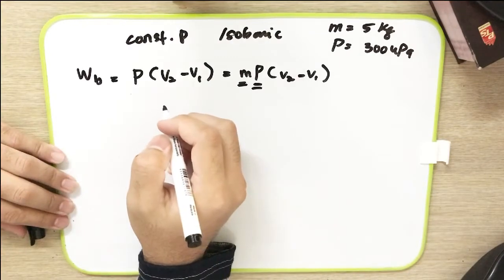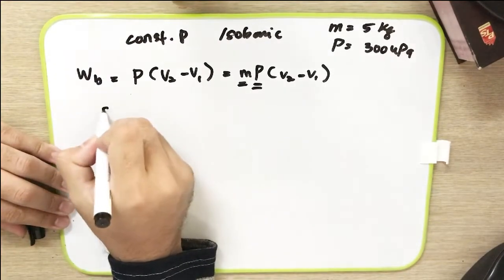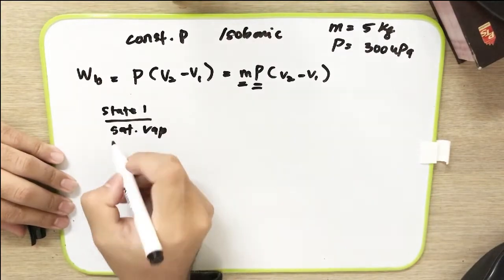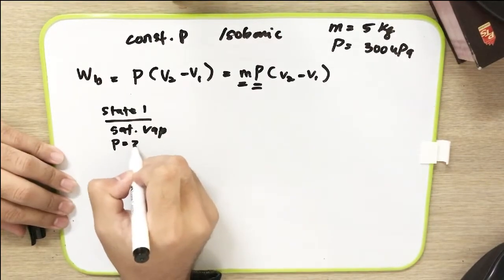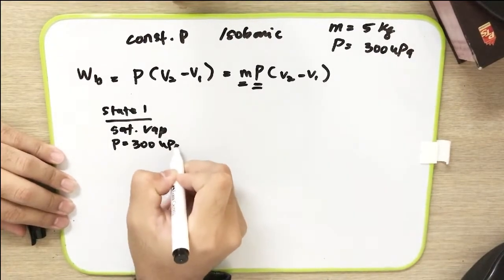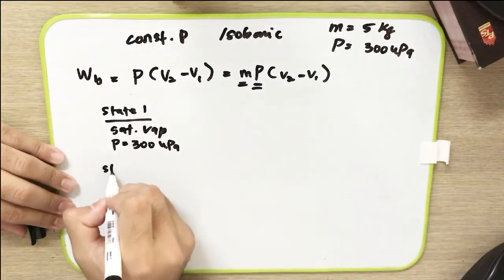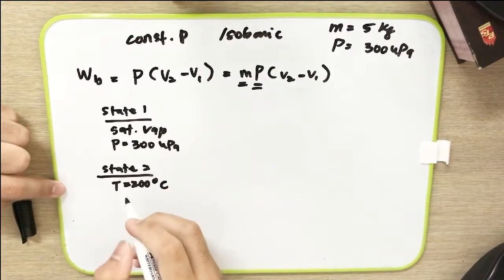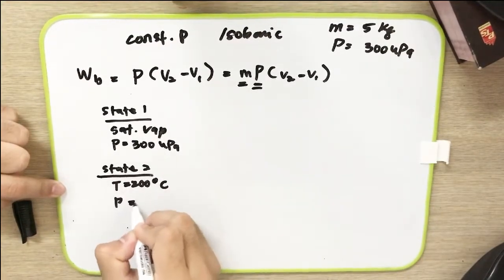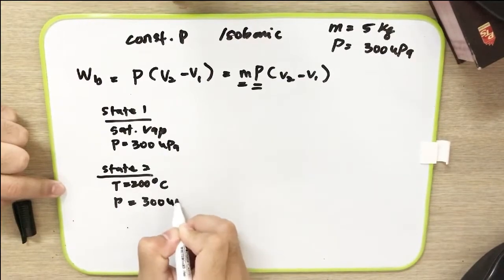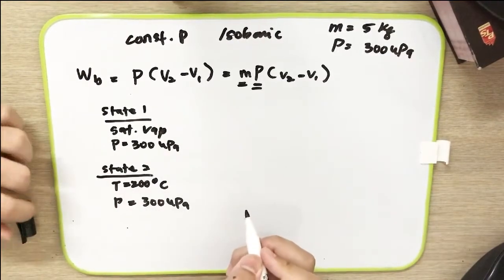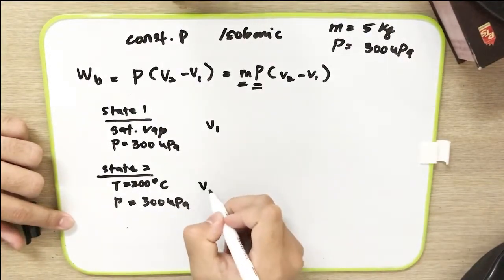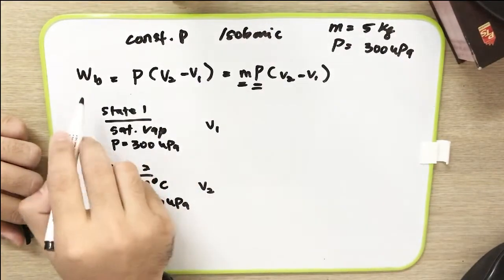It was mentioned in the question as well that at state 1, the phase is saturated vapor, in which the pressure is 300 kilopascal. For state 2, it is heated to temperature 200 degrees C and the pressure is still 300 kilopascal because it is isobaric. So from here we need to find the V1 and also the V2 to get the boundary work.